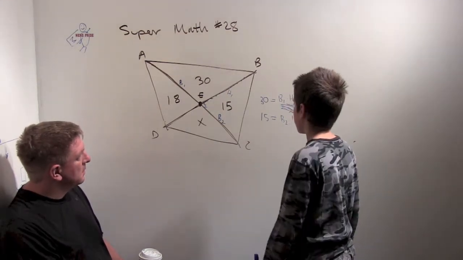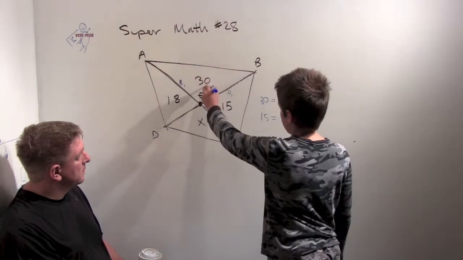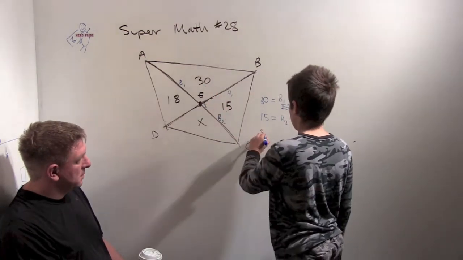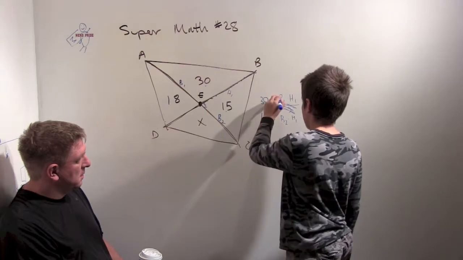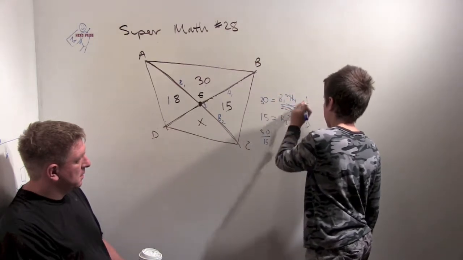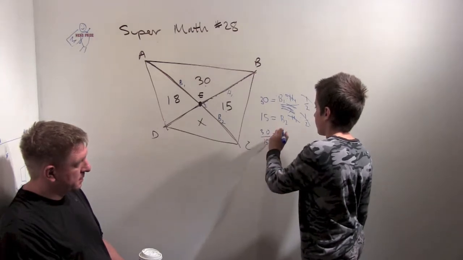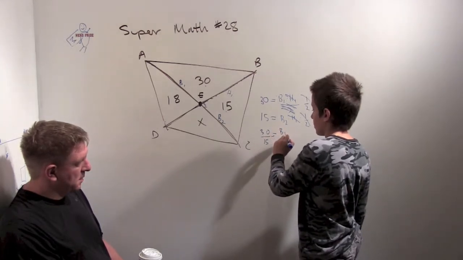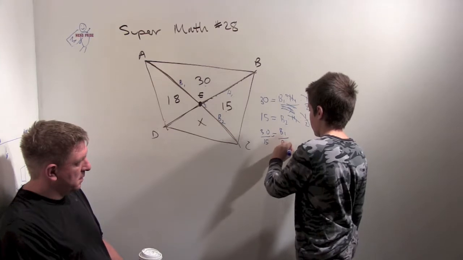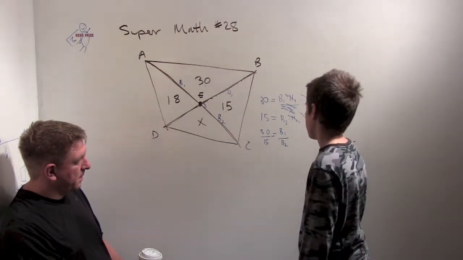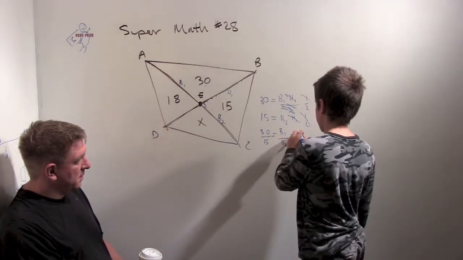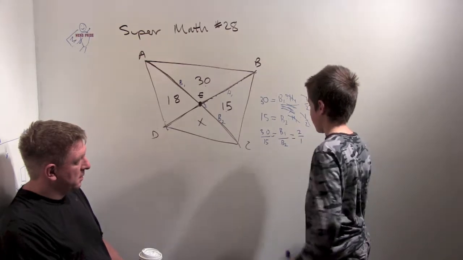So in this ratio of 30 to 15, the heights cancel and the halves cancel. It's b1 over b2, which simplifies to 2 to 1.